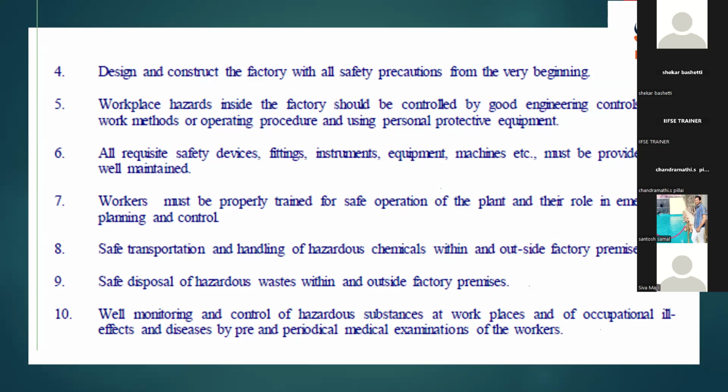And also monitoring and control of hazardous substances in the workplace, and occupational ill effects and diseases, through the pre-medical examinations.